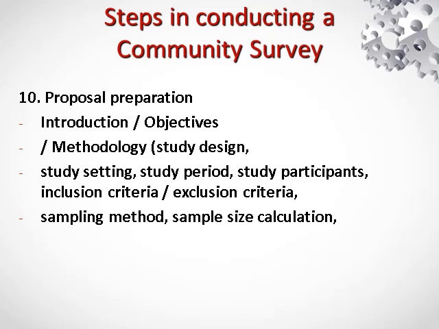Okay, is it a random sampling method or convenient sampling method or non-random sampling method? Sample size calculation using the formula. You have to calculate the minimum sample size. Study variables. You have to write the study variables, define the study variables. Then about the questionnaire, how you develop the questionnaire, how you validate it, how the reliability is done.